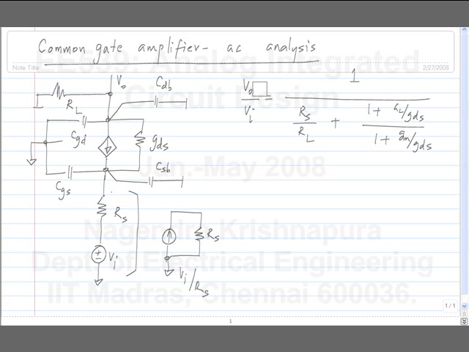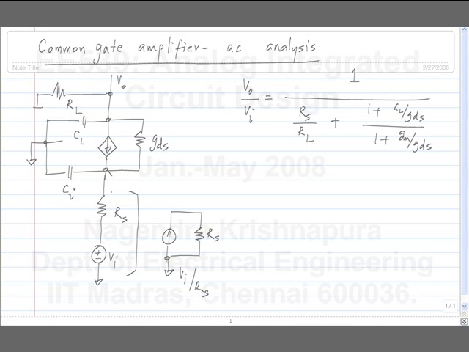So what I will do is I will remove these and replace them with a single capacitance from each node. I will call this CL and I will call this CI. CI is the capacitance from the input node to ground. CL is the capacitance from the output node to ground.